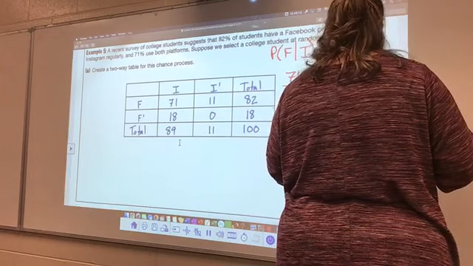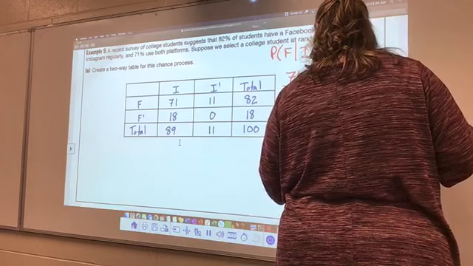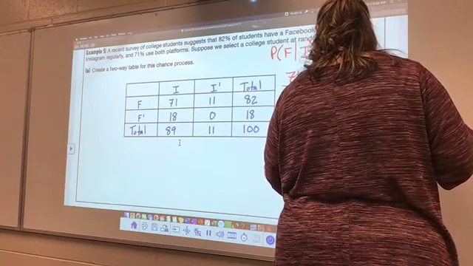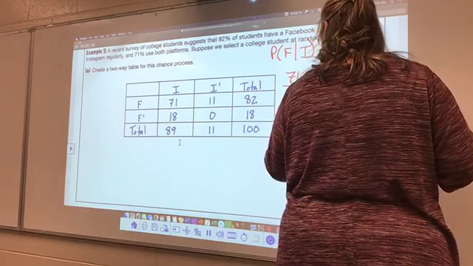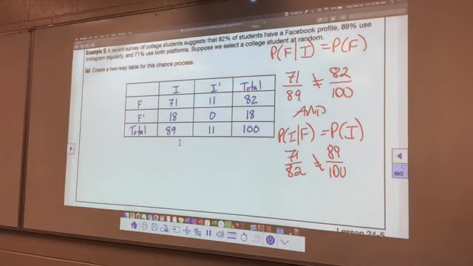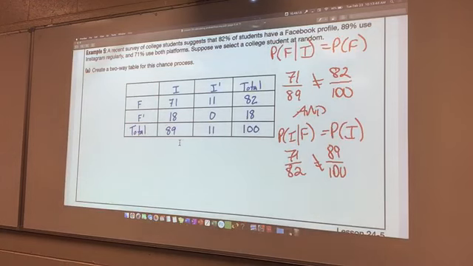And this one would have to equal the probability of Instagram. And what is that, 89? So both of these must be equal, and they're not. So they're not dependent, I'm sorry, independent.